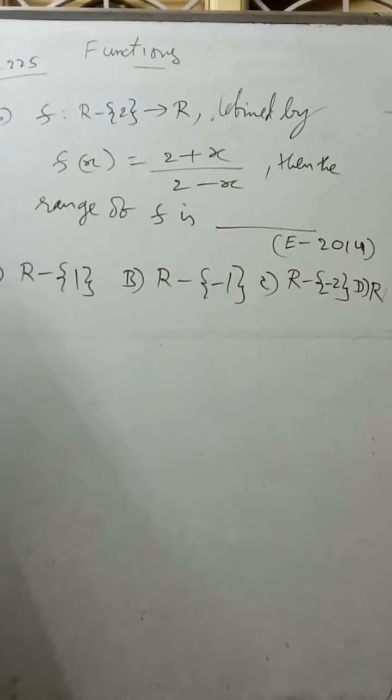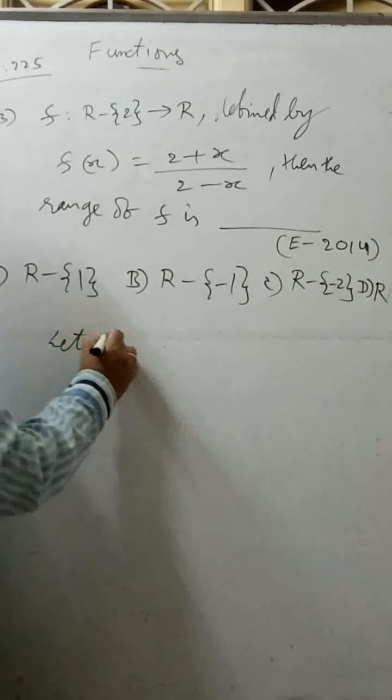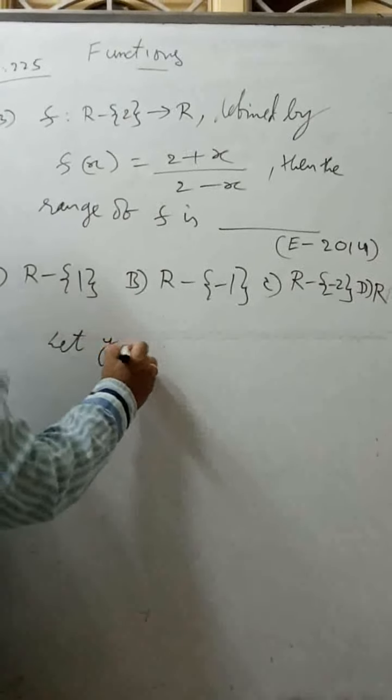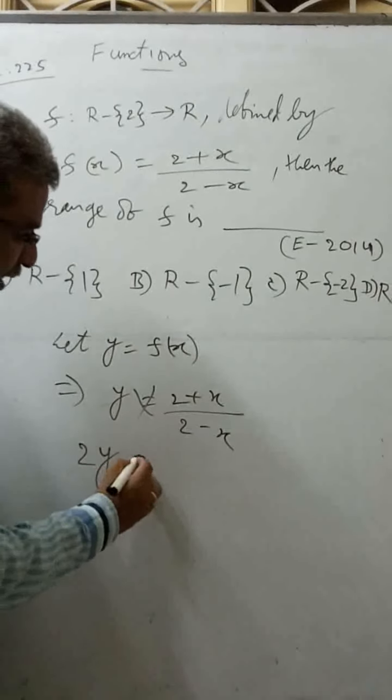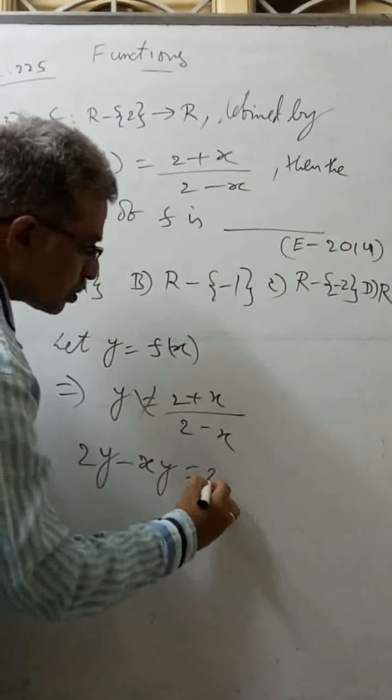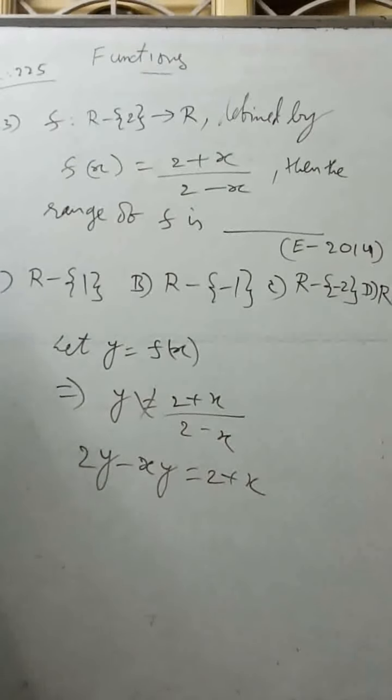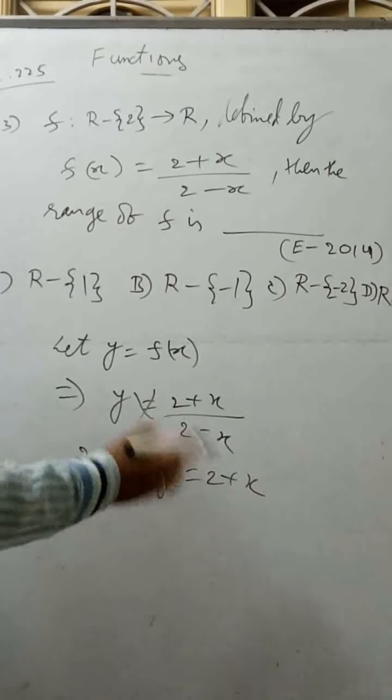inverse method, means let y equal to f of x, which implies x in terms of y. So y equal to 2 plus x by 2 minus x. If I cross multiply, this becomes 2y minus xy equal to 2 plus x. Now x to this side and 2 to this side.